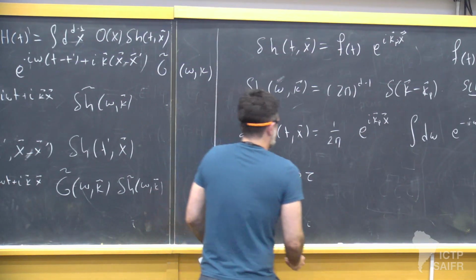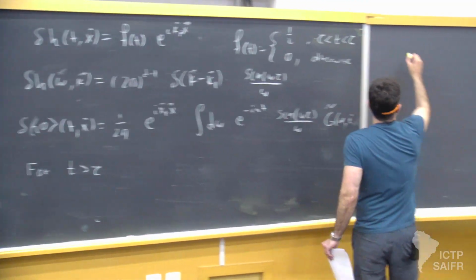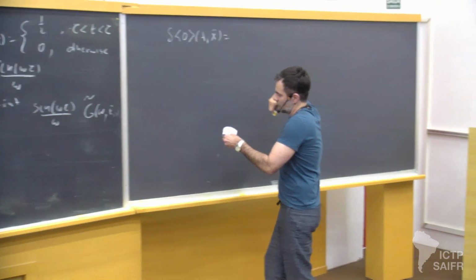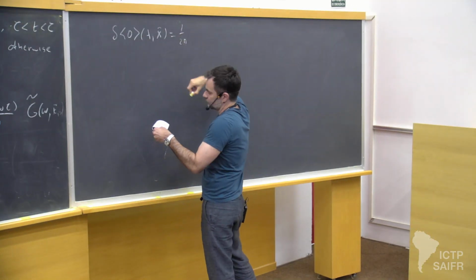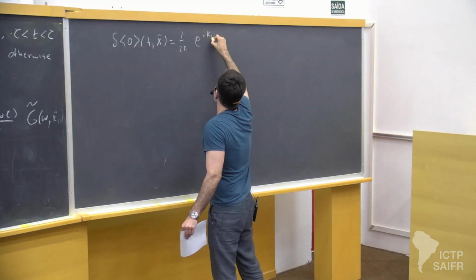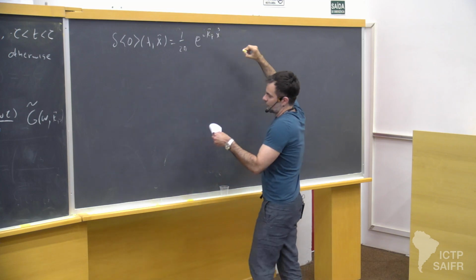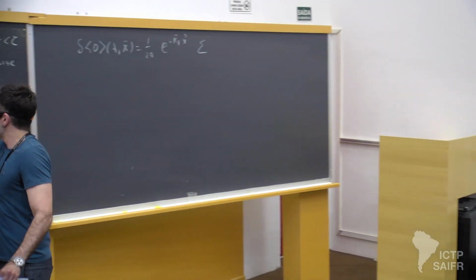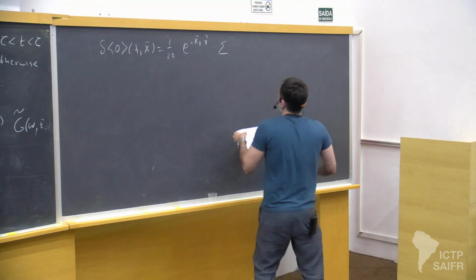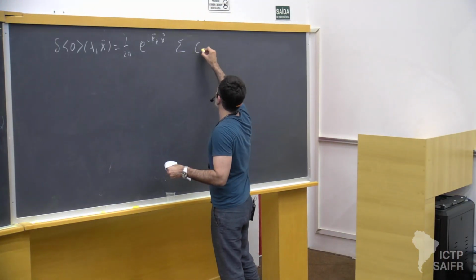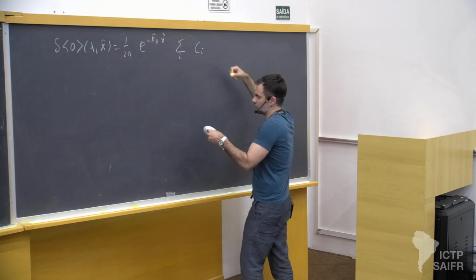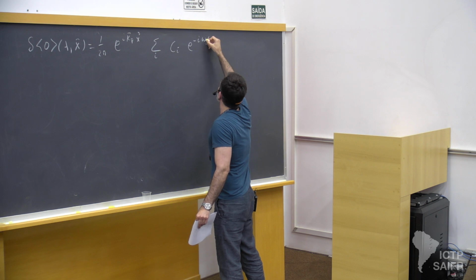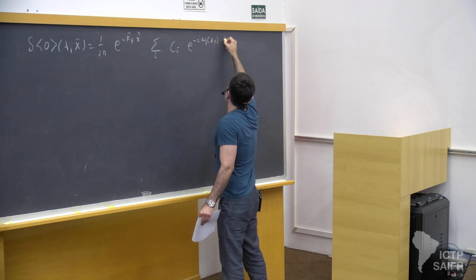Then I would get that delta of the VEV as a function of t and x would be 1 over 2 pi, and then a sum. So this omega that I have in this exponential here would be precisely evaluated at the position of the poles. And I is running over the different poles that I have in my Green's function. Okay?